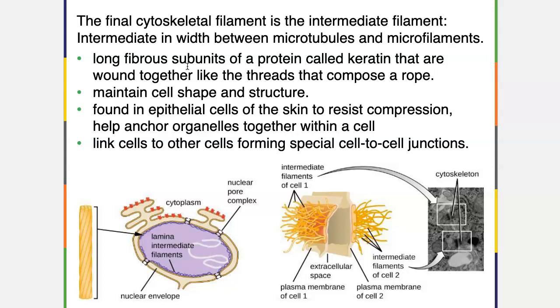They anchor things, as opposed to microtubules and microfilaments, which both move things. The intermediate filaments create and maintain the cell's main structure, and also, as stated here, resist the compression of the natural world. Imagine your body having none of this. Your skin would be like Play-Doh, I assume.